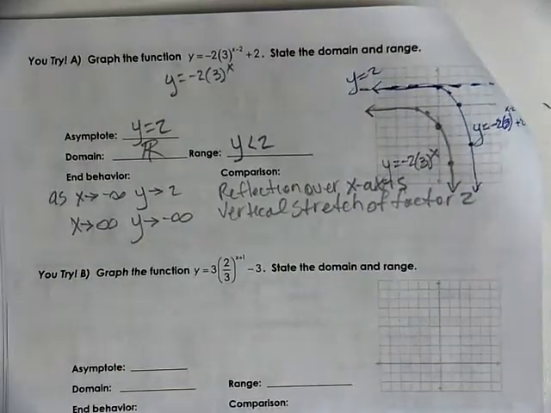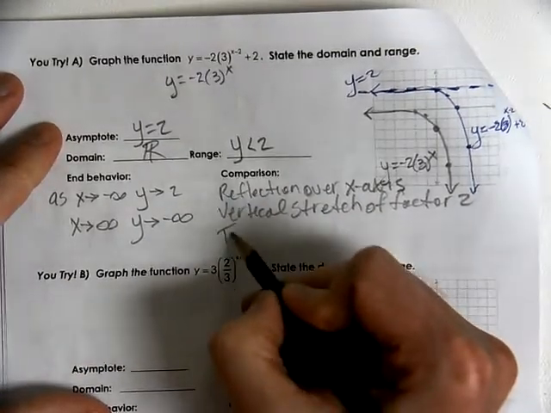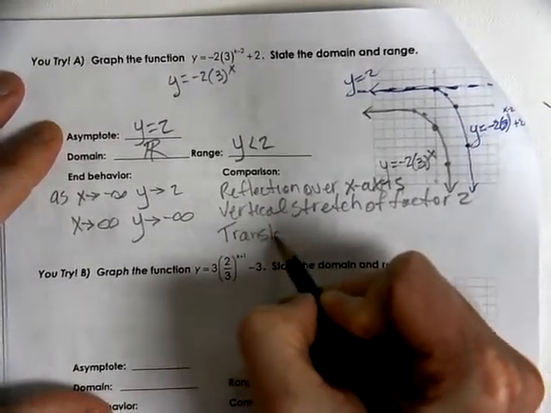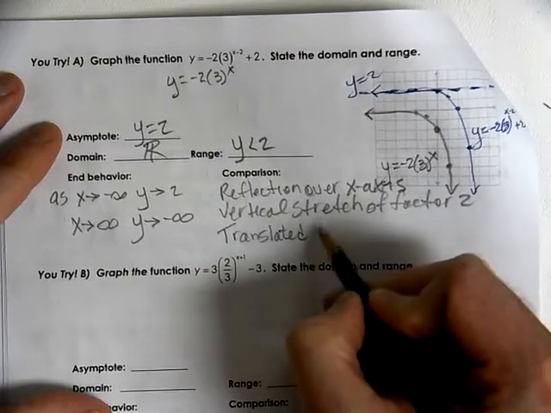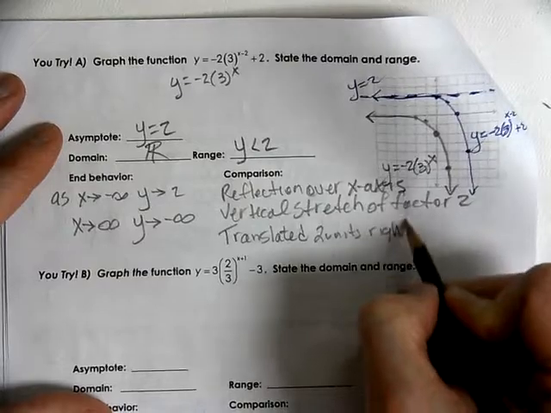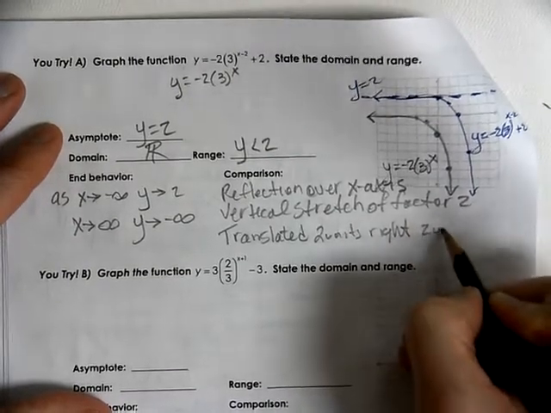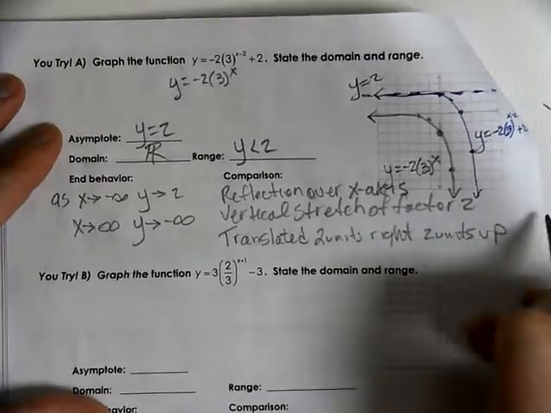We have a vertical stretch of factor 2, and we are translated 2 units right and 2 units up.